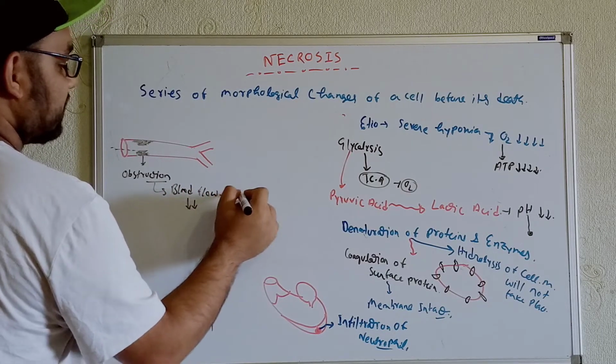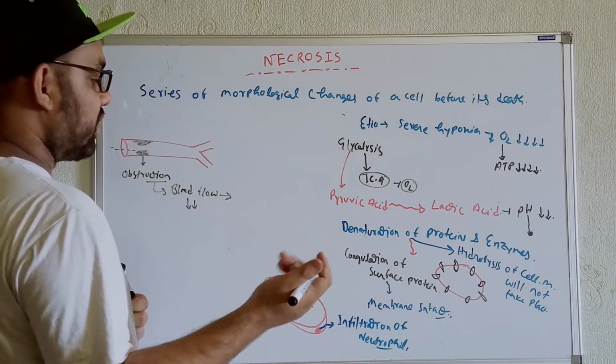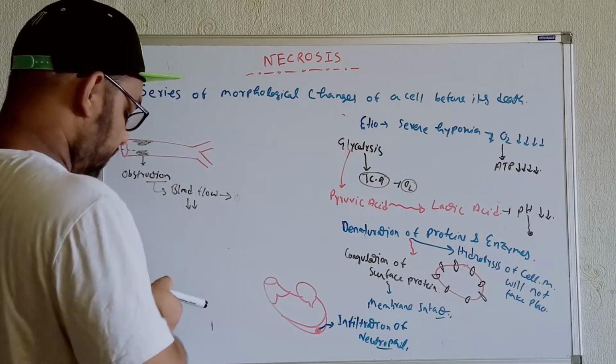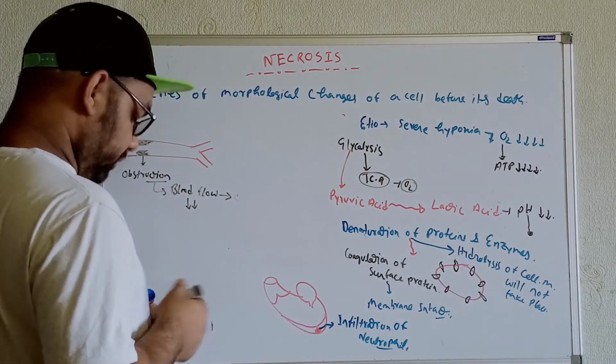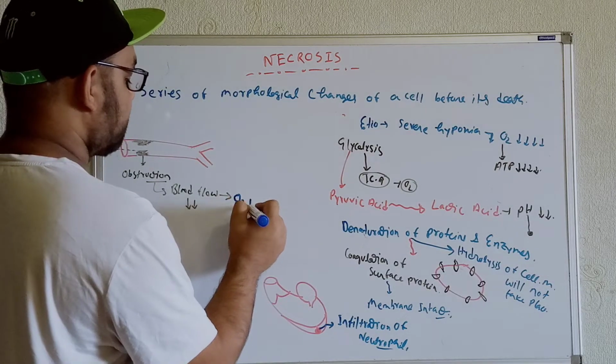Whenever the blood flow is less, along with the blood we know what is there: the nutrients, different types of nutrients, and especially the oxygen. We will see the deficiency of oxygen in these cases because of the obstruction.